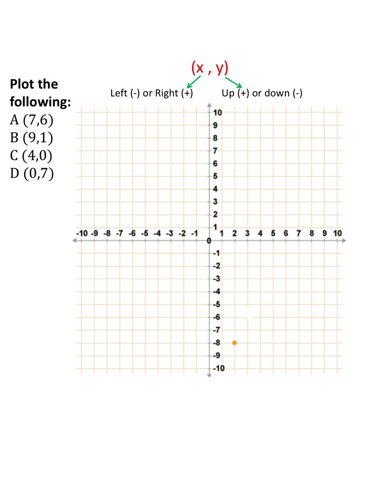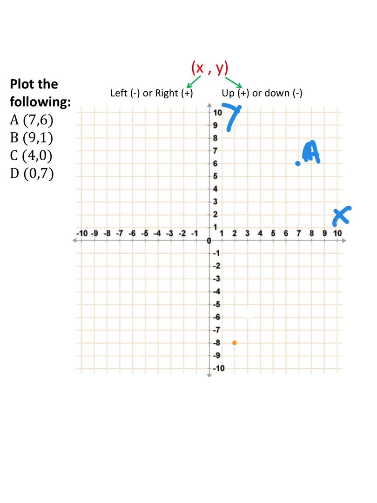Okay, so let's plot these points, A, B, C, and D. Now before doing this, I'm just going to label my axis, so x and y. Now the first one, A is (7, 6). So across to 7 on the x, up to 6, so here. A. Next one, B is (9, 1).